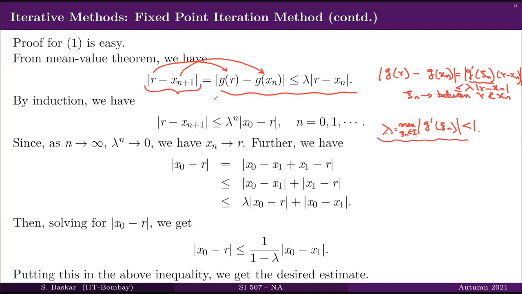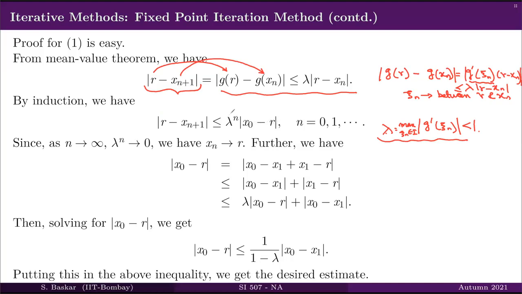Now, once you have this, the same old idea of applying this inequality recursively gives mod R minus x_{n+1} is less than or equal to lambda to the power n times mod x_0 minus R, right?